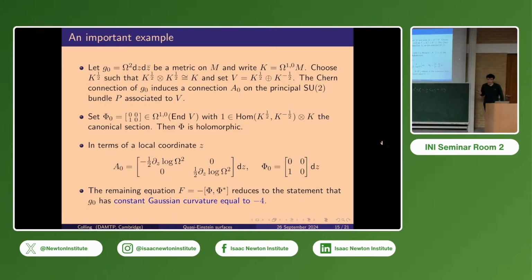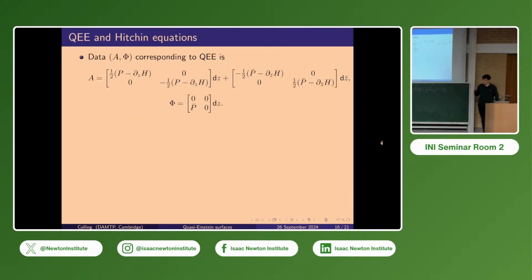Okay. So I'll now explain how to relate this example to the Quasi-Einstein equations. By what I said before, we get a solution to the Hitchin equations associated to this Quasi-Einstein structure. And the corresponding A and phi are as follows, where we recall that this P and H were components of the metric, and X satisfies Quasi-Einstein.